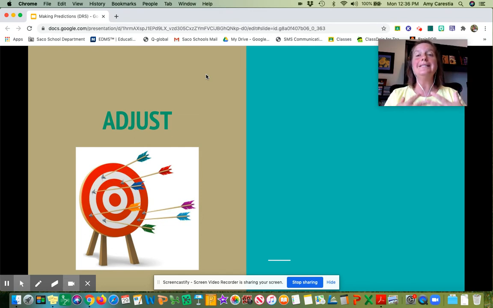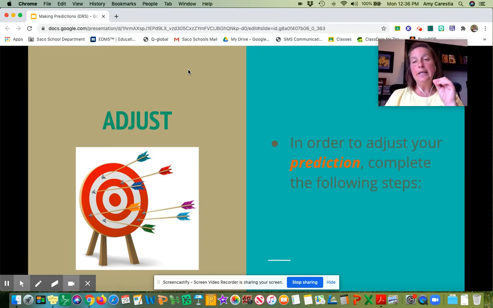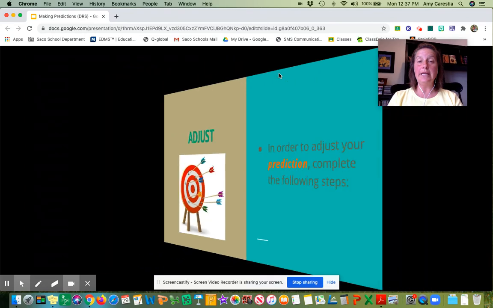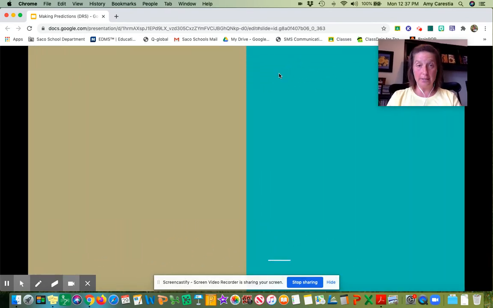What you said did not technically happen. Again, this is a little bit more complex than just confirming and finding the textual evidence, making a check mark and saying, okay, I was correct. So these are the steps that you take when you need to adjust your prediction.